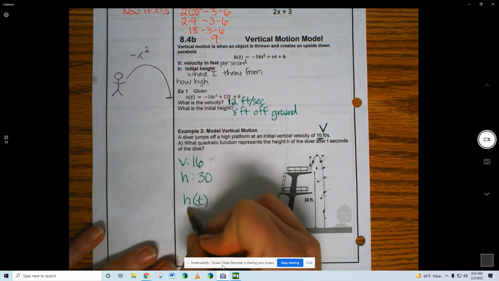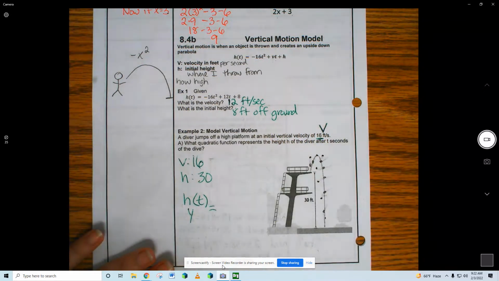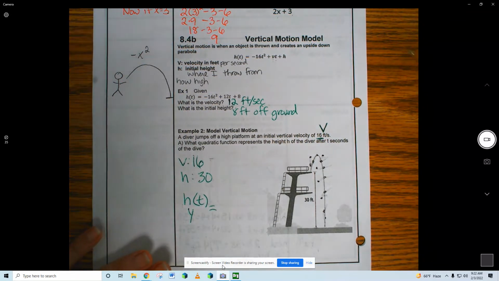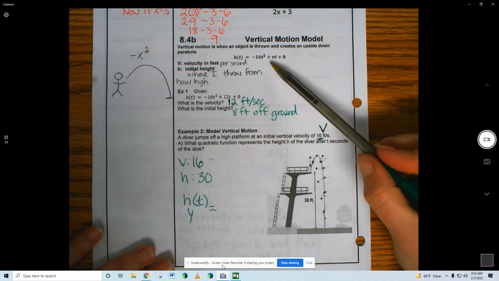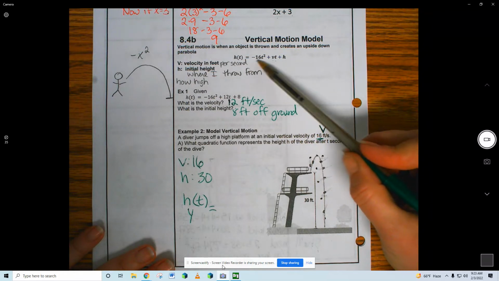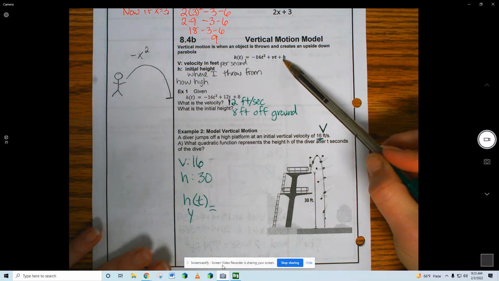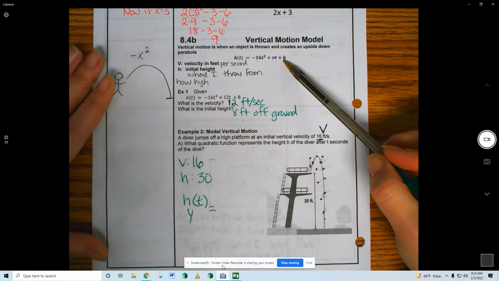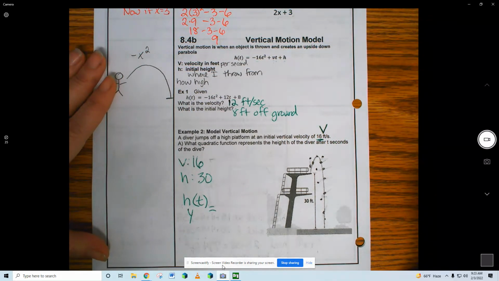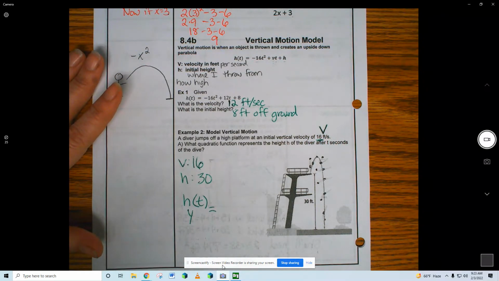This is like saying Y equals. So maybe I wasn't clear. We're plugging into this formula right here. See where my pen is? I was given the velocity and I was given the initial height. So I'm not plugging in anything for the H of T. That's just always there.